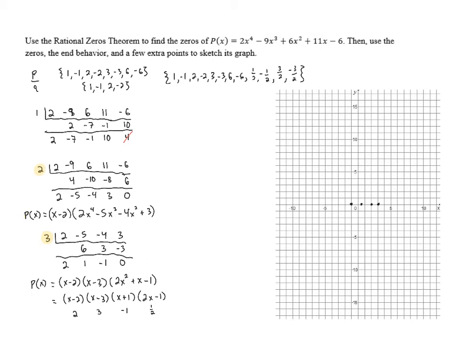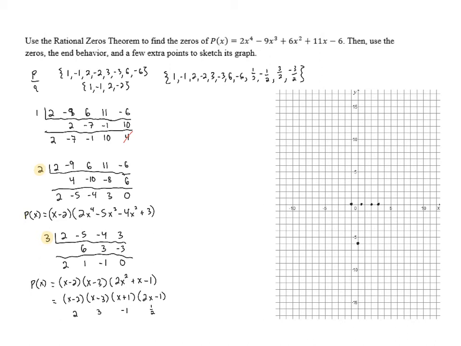We have a y-intercept of -6. So that tells us that in this interval from -1 to 1/2, we're going to be below the x-axis. To figure out what's going on in the next interval, we need to pick a point between 1/2 and 2, an x value between 1/2 and 2.